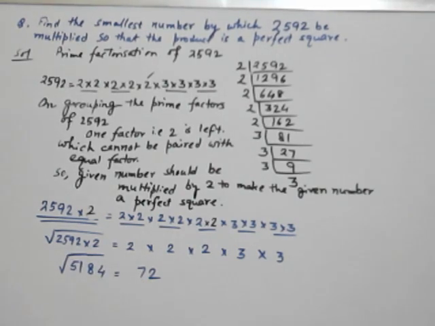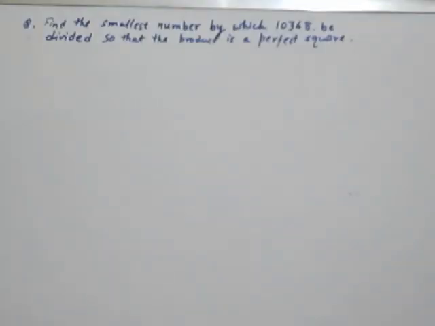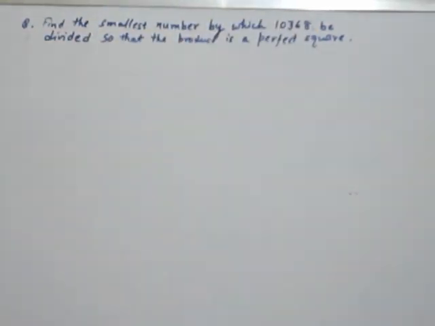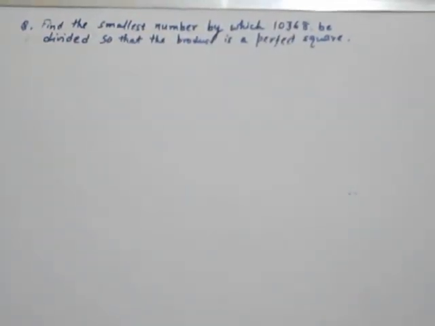Now take another example. In last example, we have find the smallest number by which any number be multiplied. Now here question is find the smallest number by which 10368 be divided.